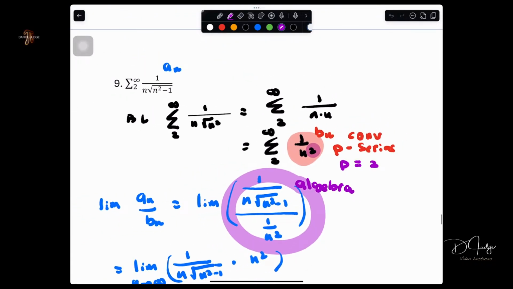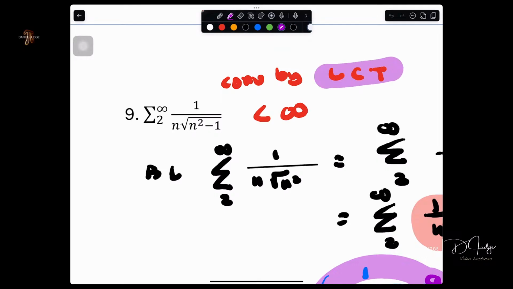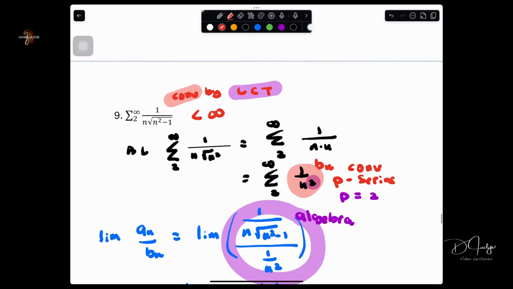So what this means is both the series converge. So this is convergence. And we're going to end up saying we converge by the limit comparison test. Both series converge.